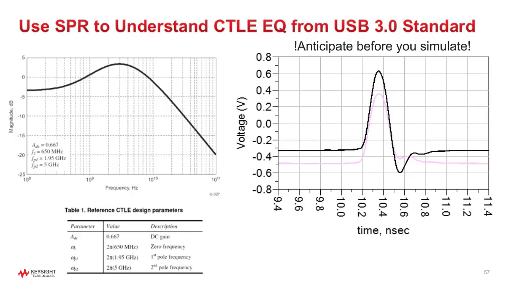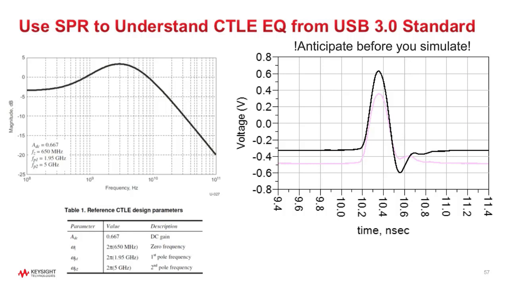As we anticipated, the pink is before, the black is after. From the pink to the black, we see the amplitude is decreased, and the peak cursor has increased because of our about 3 dB gain close to Nyquist.